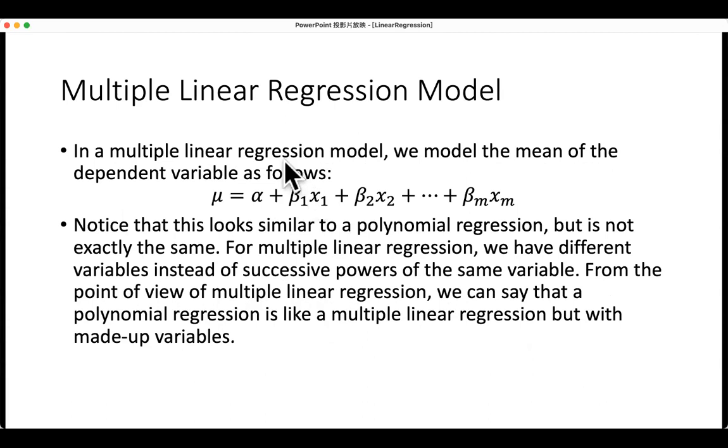So in a multiple linear regression model, we model the mean of the dependent variable like this: mu equals alpha plus beta 1 x1 plus beta 2 x2 and so on, plus beta m xm. Here, x1, x2, up to xm are no longer just orders.